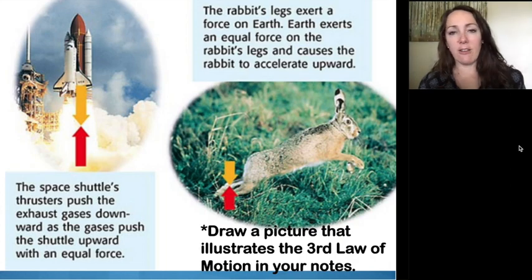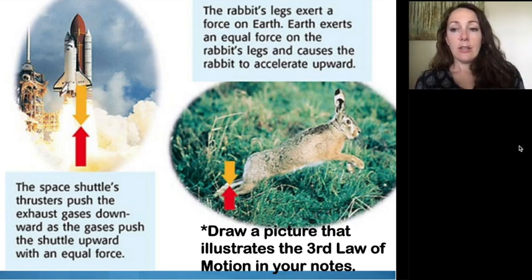Newton's second law of motion includes the equation force is equal to mass times acceleration, and that equation basically tells us that as you increase the mass of an object, you have to increase the force exerted on it. So the third law of motion says that for every action there is an equal and opposite reaction.